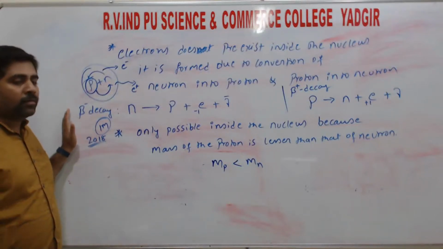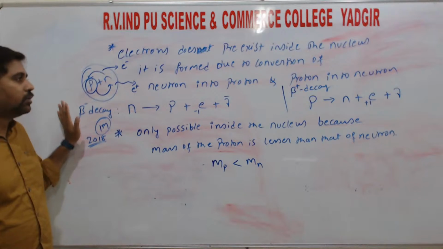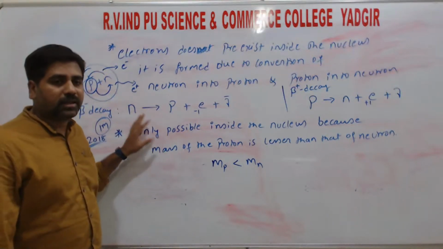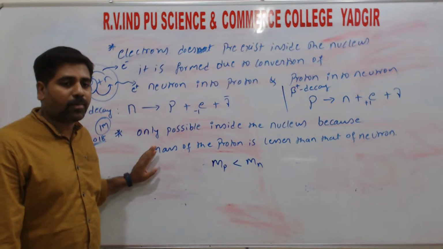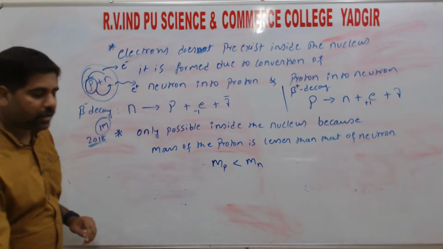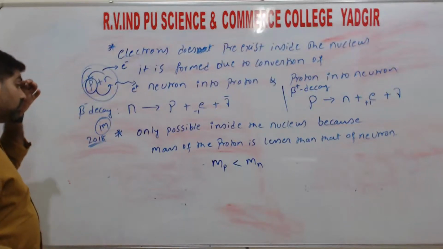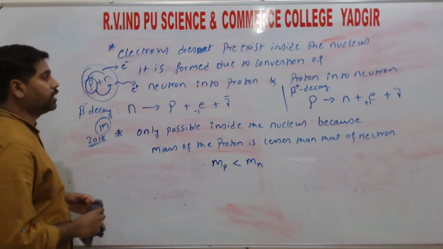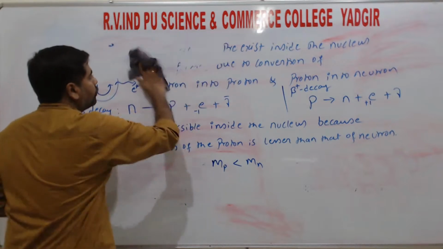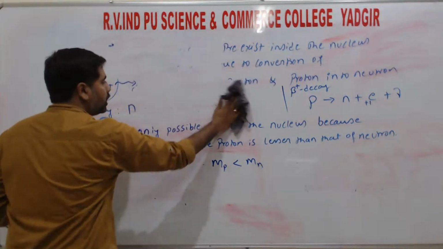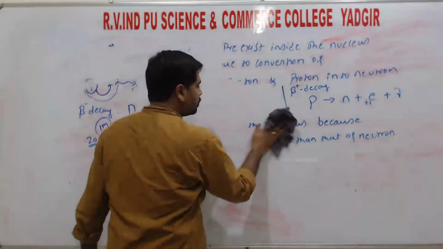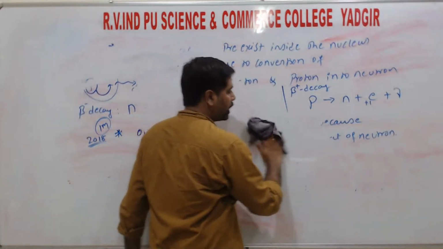So this is about the beta decay, right? From this topic there will be no long answer, whether in alpha decay, beta decay or gamma decay. So we have to concentrate more on 1 mark questions, right? So in beta decay, the emission of the electrons and positrons takes place. If it emits the electron, then we call that beta minus decay.